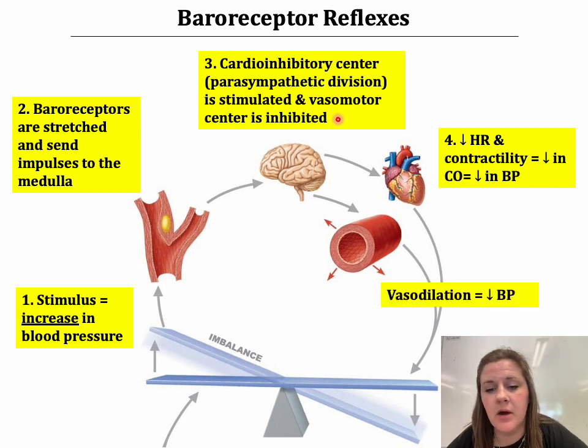It also causes vasodilation because we've inhibited the vasomotor center, which also helps decrease blood pressure. So that stimulus automatically activates those centers in the medulla, which in turn affect heart rate, cardiac output, and vessel diameter, all helping to reduce blood pressure and restore balance.